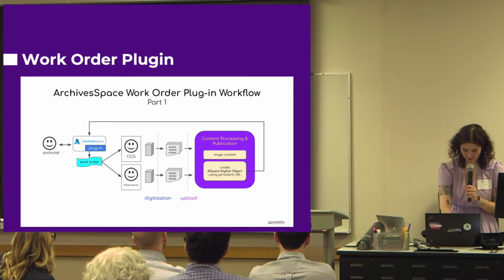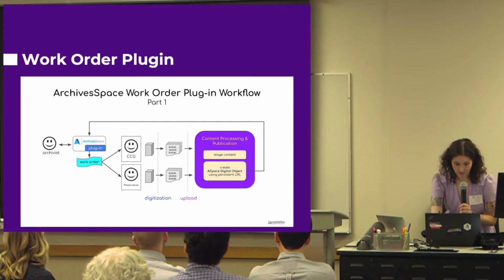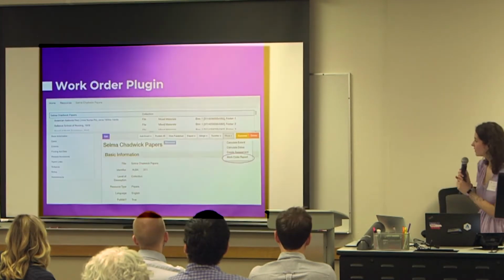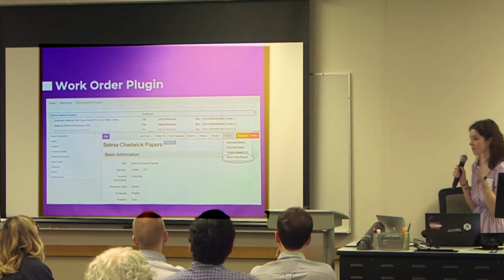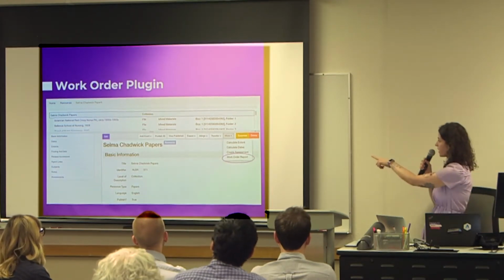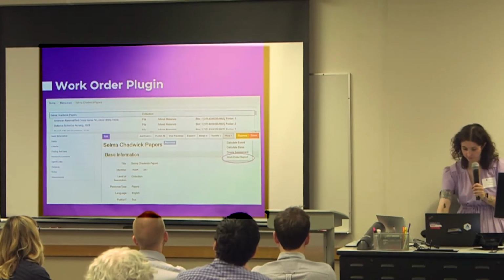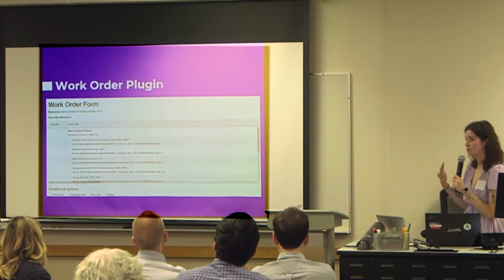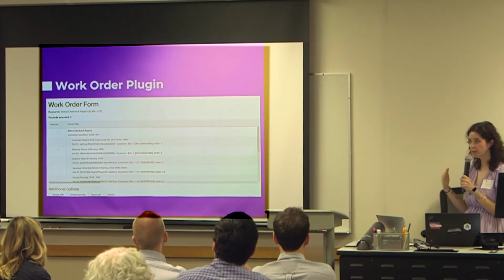I had hoped to demo this with a recording, but I took some not as exciting screenshots in case that happened. So basically what you do is you navigate to the resource record that you want, and under that More tab, you go to Work Order Report. This opens up a simplified tree of all the components in your record.